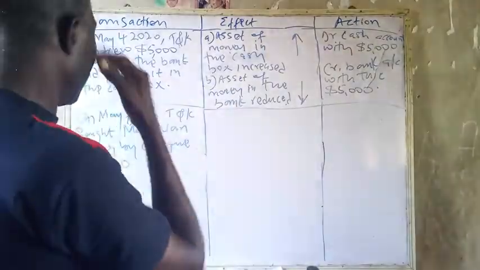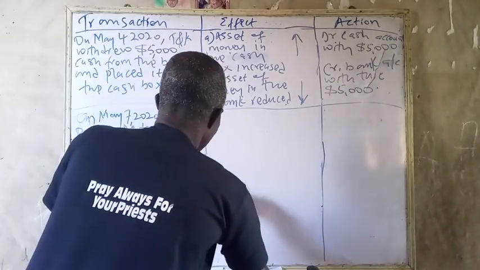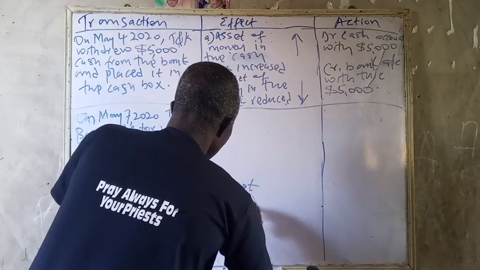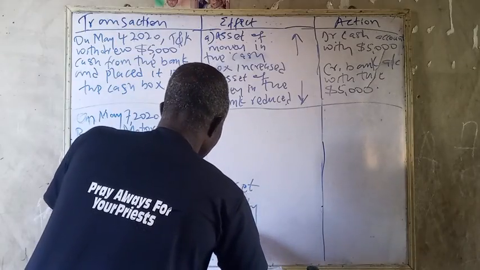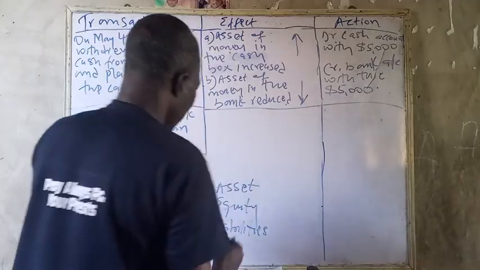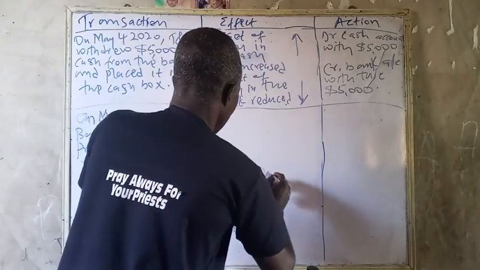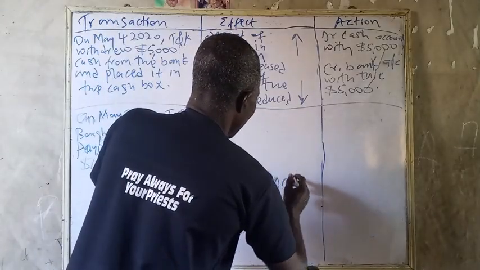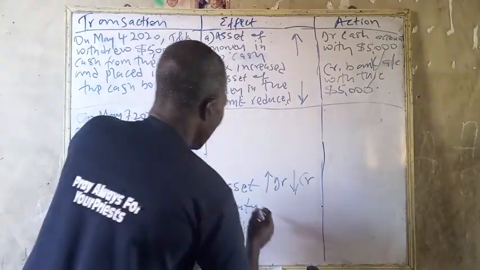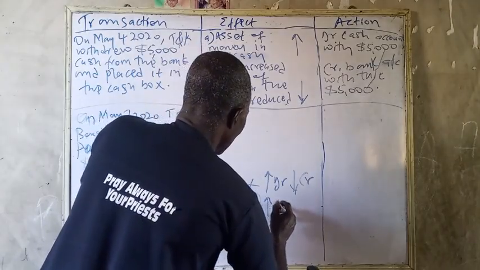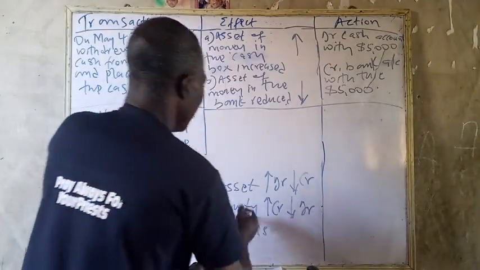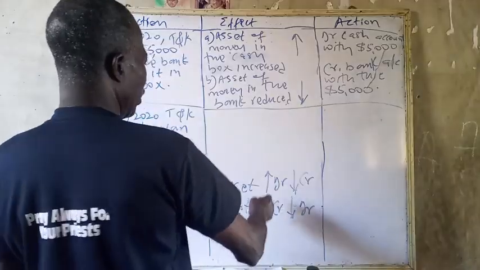I always demonstrate. Let me put assets, equity, and liabilities. When assets increase, you debit. Asset decrease, you credit. Equity increase, you credit.